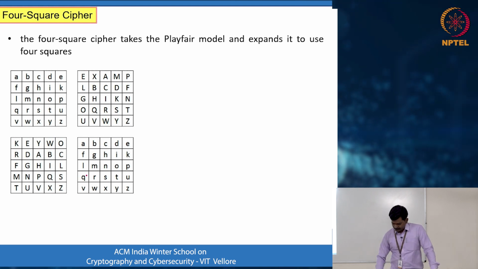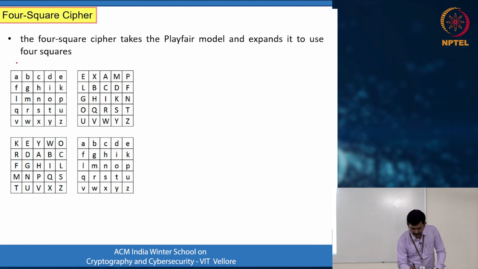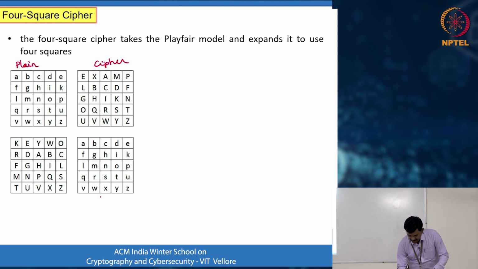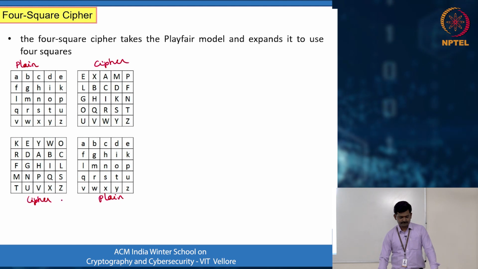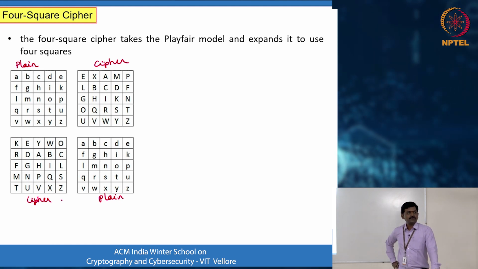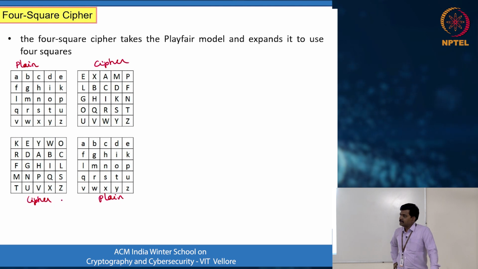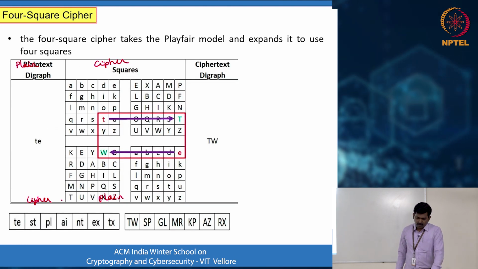The four-square, if you observe, this is plain. This is cipher. And this is plain. This is cipher. So all caps are the cipher squares, and all smalls are plain squares, plain alphabets. So how do you do it?